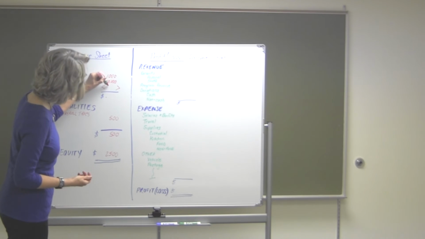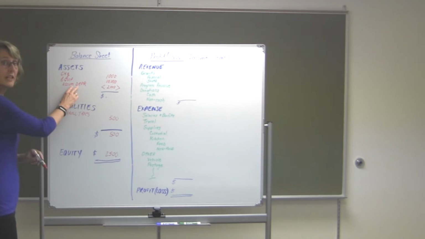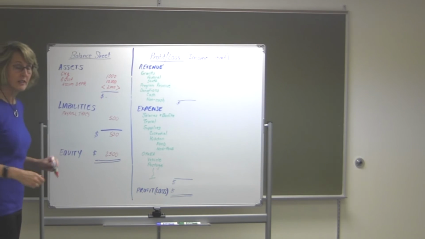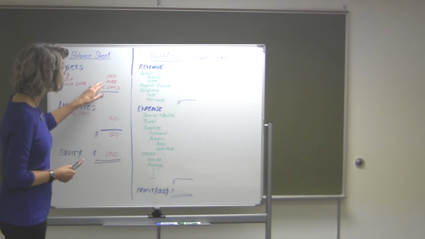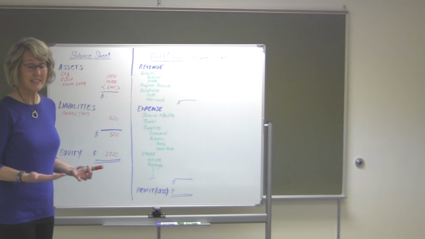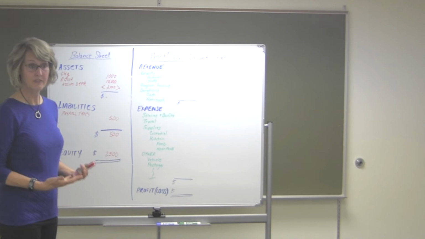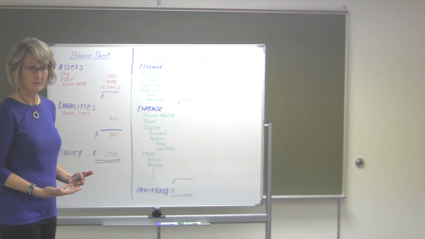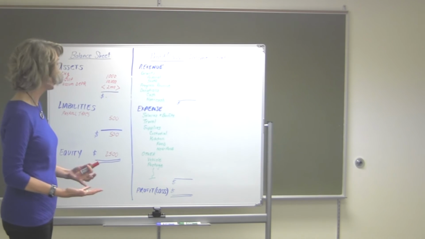So we now have $2,000 in accumulated depreciation on that oven. Its net value, $10,000 minus $2,000, is $8,000. It's stated on your balance sheet at a net value of $8,000. It's old. You can't sell it for $10,000 anymore, so we're now stating it at $8,000.